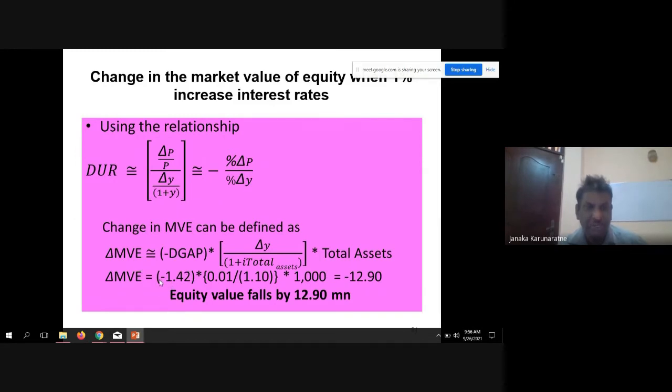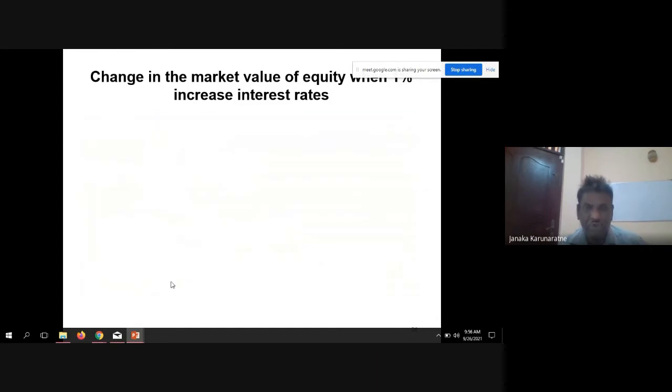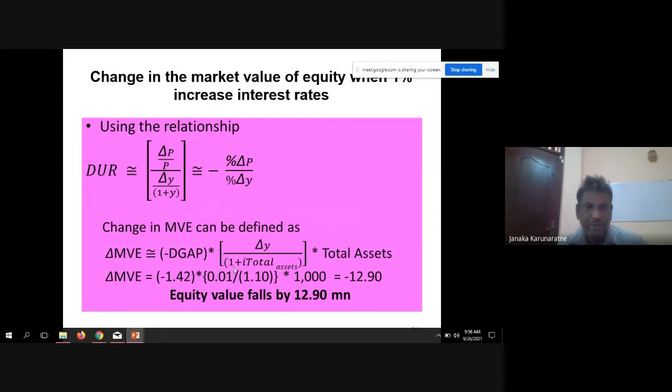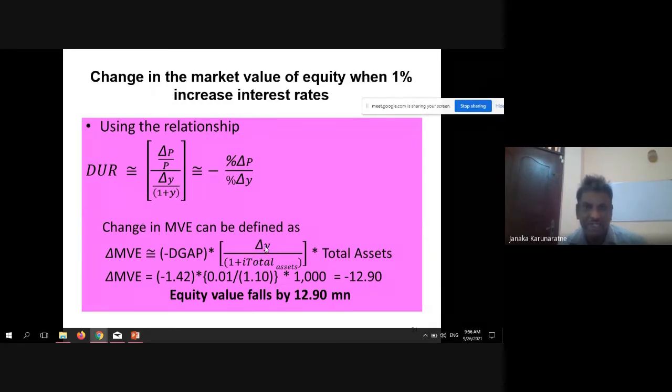So the duration gap we computed 1.42 earlier. Change in interest rate, let's say 1%, 0.01, over 1 plus current overall interest rate, 10%, times the asset value, 1000.